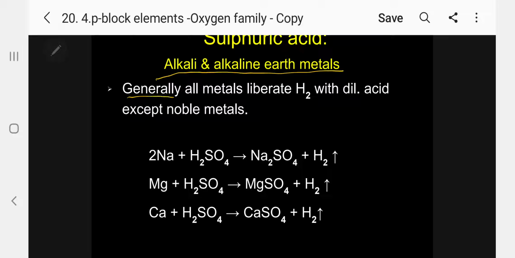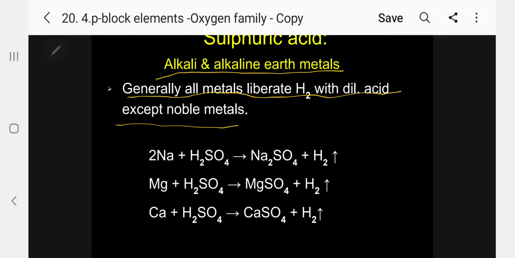Generally, all metals liberate hydrogen with dilute sulfuric acid except noble metals. Alkali and alkaline earth metals, that means first group and second group, except hydrogen: lithium, sodium, potassium, rubidium, cesium, francium, and beryllium, magnesium, calcium, strontium, and barium. These are all alkali and alkaline earth metals.